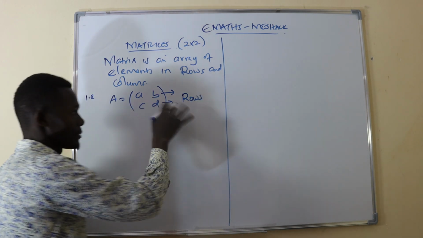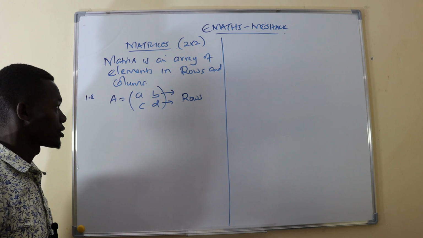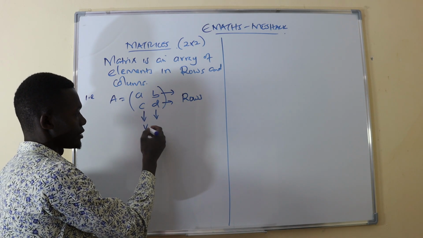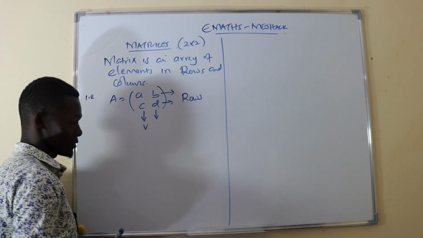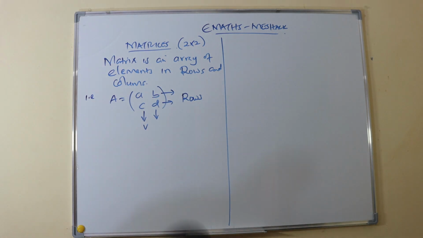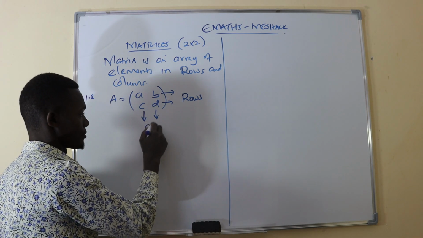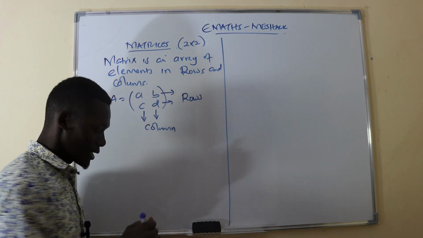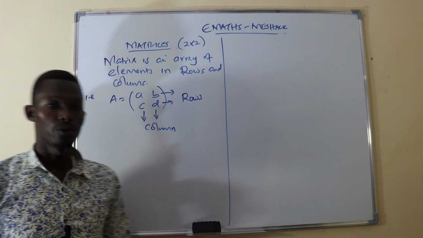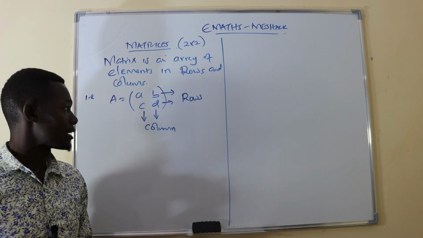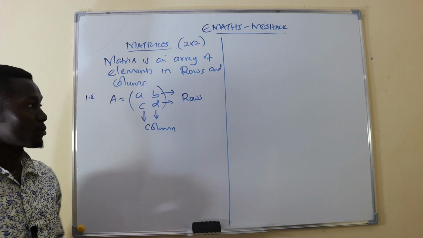Elements arranged horizontally are called rows. Elements that have been arranged vertically are called columns. So basically, what we shall be dealing with are rows and columns together.